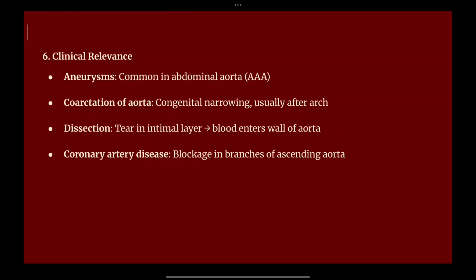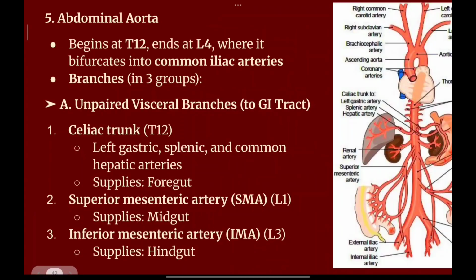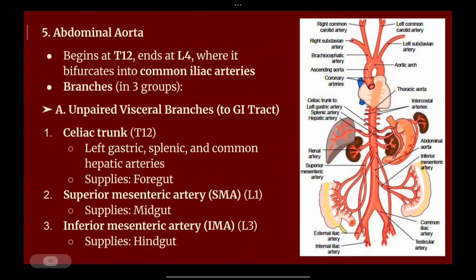In today's video, we have studied the pulmonary circulation, the systemic circulation, and the branches of the aorta, their functions, features, the flow of blood, and the different names of the arteries. It might be difficult to grasp all the names at once, but visually understanding the concepts is important. Whenever you are trying to study the abdominal artery or any other artery, you are supposed to imagine how the aorta is.